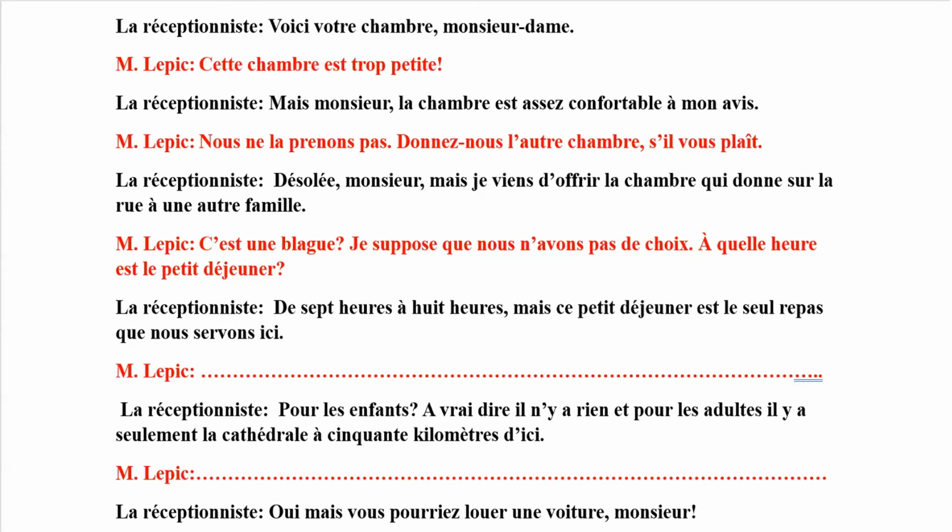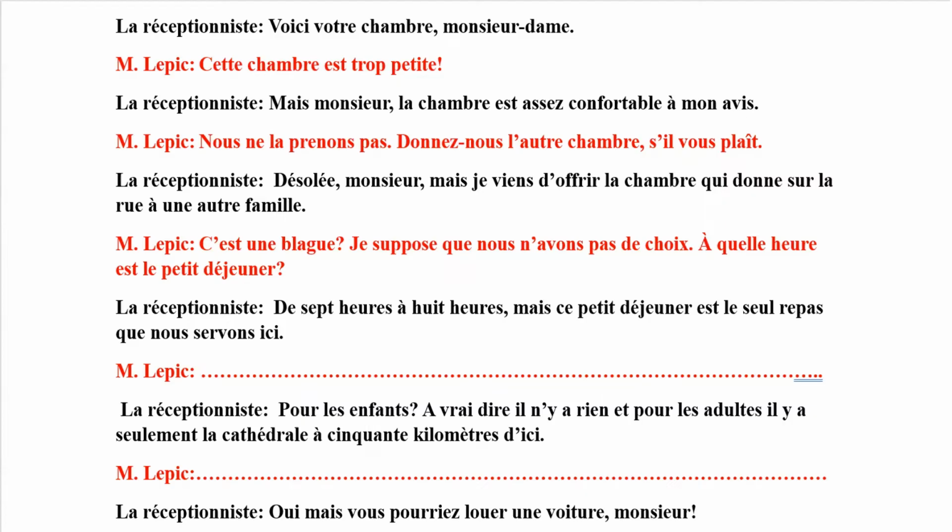So let's see how that fits into our dialogue. So at the top, it says, désolé, monsieur, je viens d'offrir la chambre qui donne sur la rue à une autre famille. All right, sorry, sir, but I just offered the room overlooking the street to another family. C'est une blague. Je suppose que nous n'avons pas de choix. À quelle heure est le petit déjeuner?